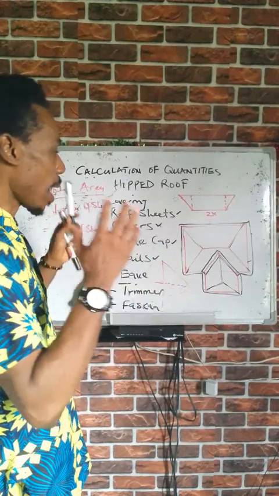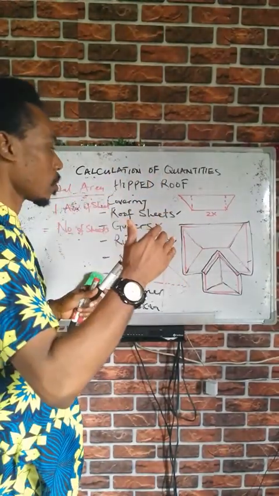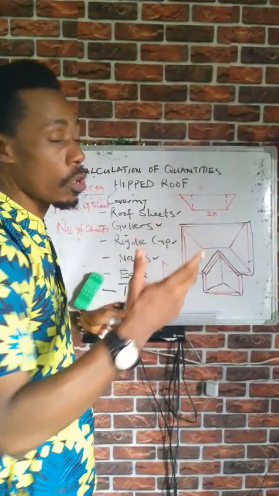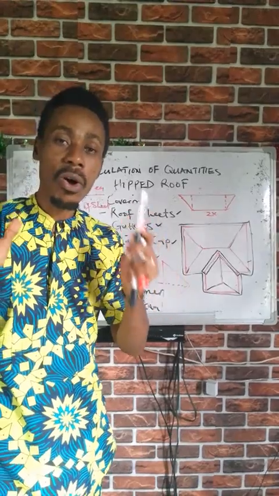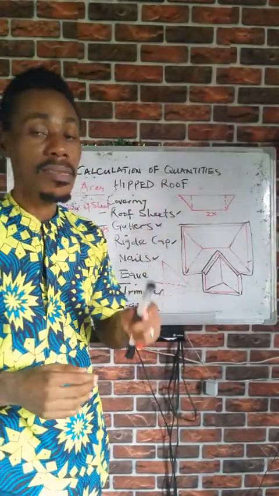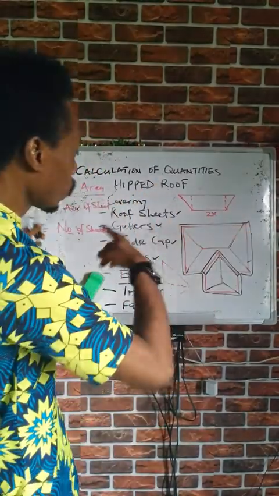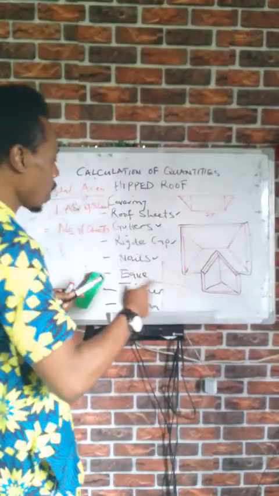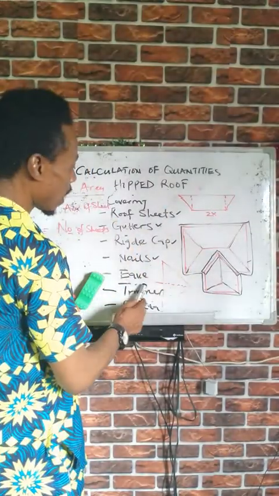Not exactly the building, because there will be some projection. If it doesn't have a concrete fascia, you have to add 0.6, that is 600 millimeters, on both sides before you can get the overall length. When you get the overall length, you divide it by the length of one eave.